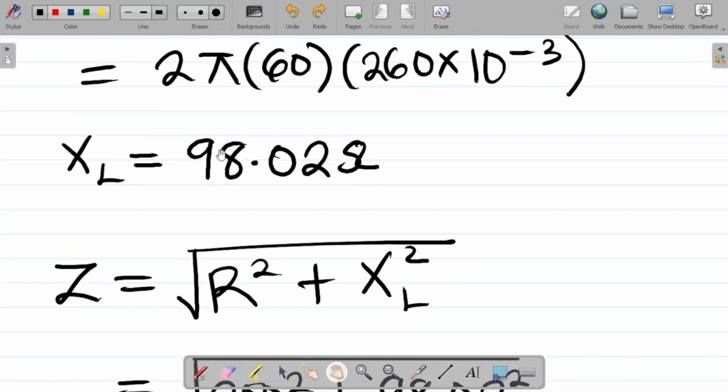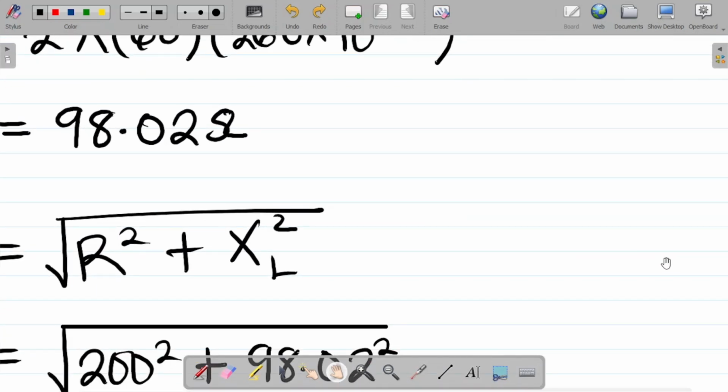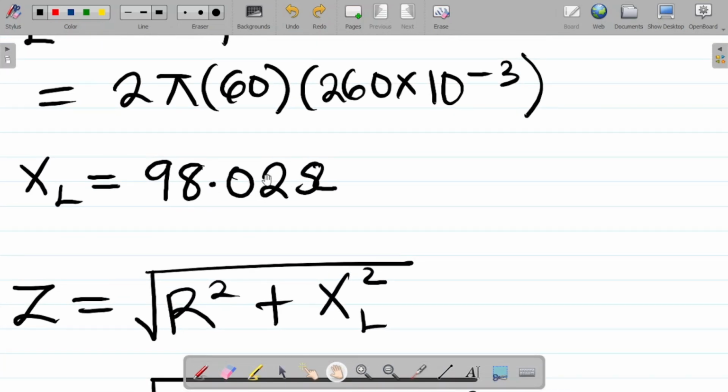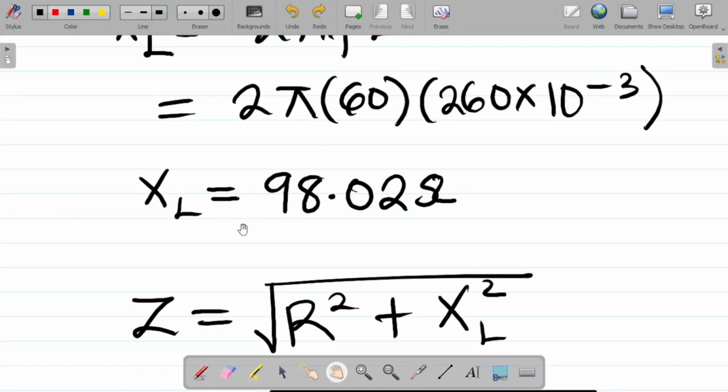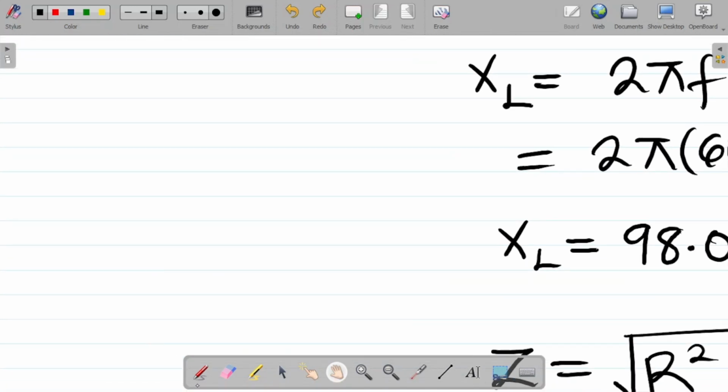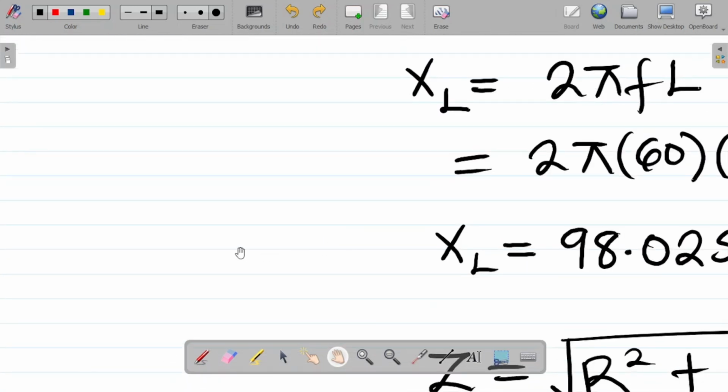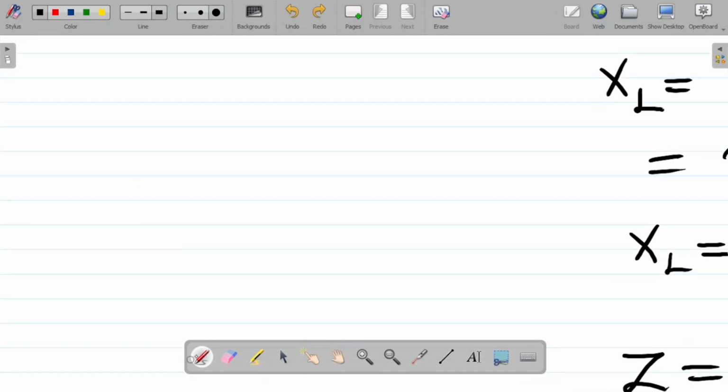Yes, we do. We have the value of XL here, but we do not have the value of I, do we? The I we had was for part A. Now we have to get the value of I for part B. So how do we get it? We'll get the current across the circuit. Recall that from Ohm's law, V equals IR.